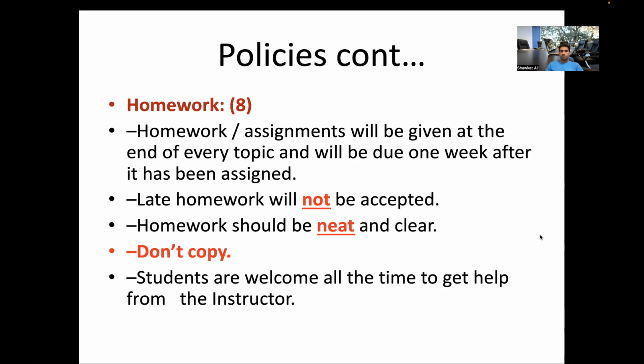Late homework will not be accepted. Homework should be written clearly. And of course, you are not supposed to copy the work. It should be your original work. Students are welcome all the time to get help from the instructor in the given counseling hours.